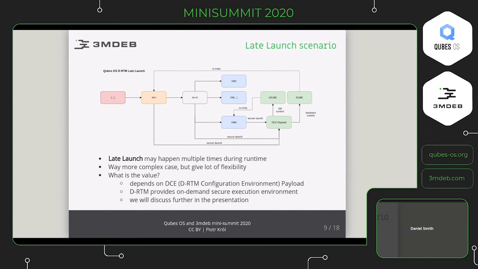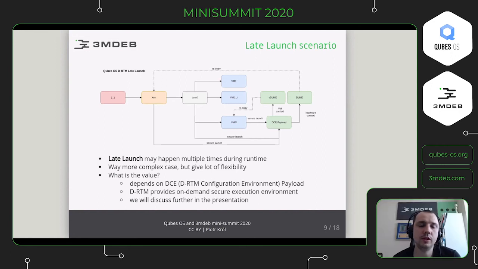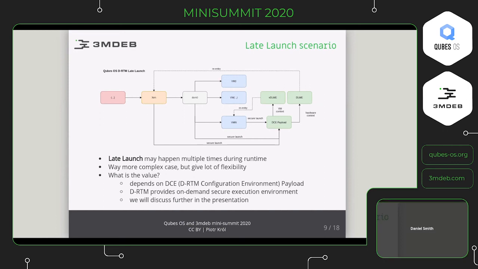So Daniel, do you mean this pausing and inspection uses VMI, or is this something different? This is if you wanted to run a VM, so you wouldn't necessarily need to do a VMI, because at this point we're talking about the early launch scenario, whereby Xen has been brought in, all the DomUs have been brought in, everything got measured as part of the D-RTM, and now you're inside of your boot domain.